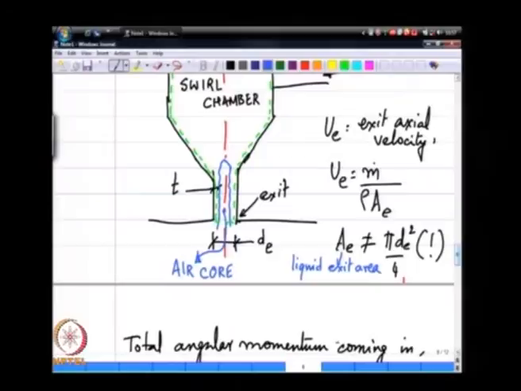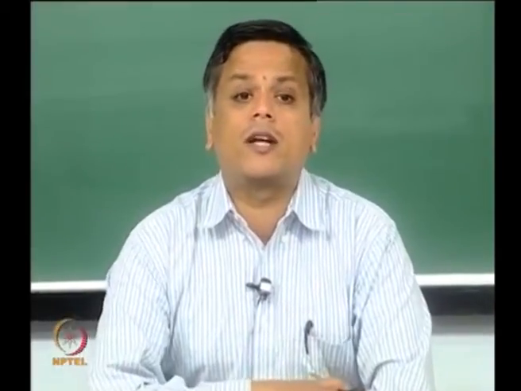In reality, this is the reason pressure swirl atomizers are very attractive, because I can have a very large exit orifice dE, and by appropriately changing the swirl geometry upstream, I can cause the film thickness here to become thicker or thinner.